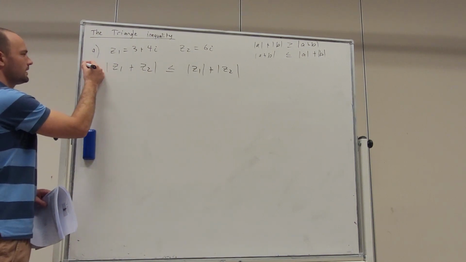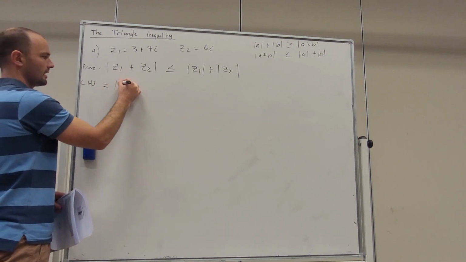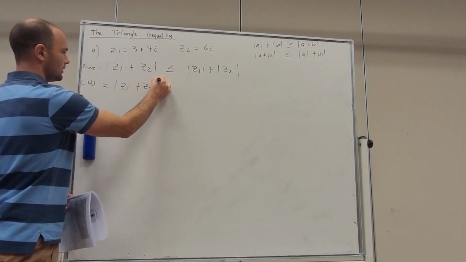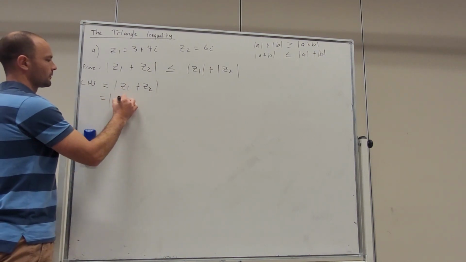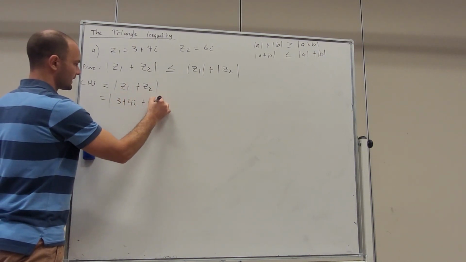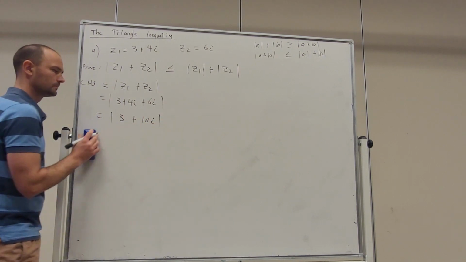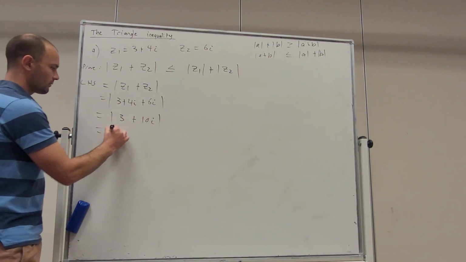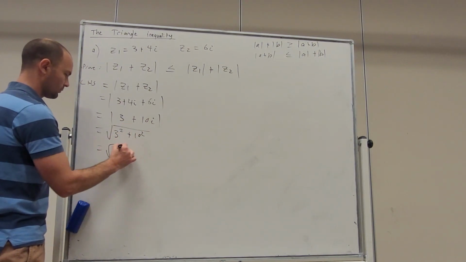Okay, prove this. So let's go. The left-hand side is going to equal the modulus of Z1 plus Z2. And then we're just going to drop them in there. We've got 3 plus 4i plus 6i. That's the modulus of 3 plus 10i, which is the square root of 3 squared plus 10 squared, the square root of 109.